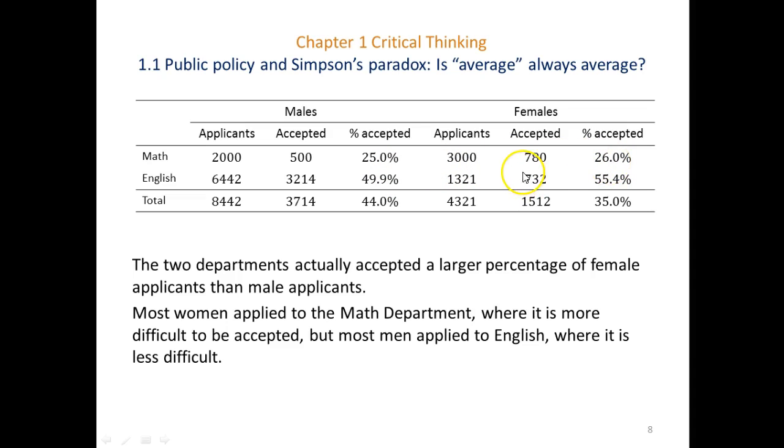In the English department, the acceptance rate for males was 49.9%, and for females, the acceptance rate was 55.4%. The two departments actually accepted a larger percentage of female applicants than male applicants. Most women apply to the math department, where it is more difficult to be accepted, but most men apply to English, where it is less difficult.